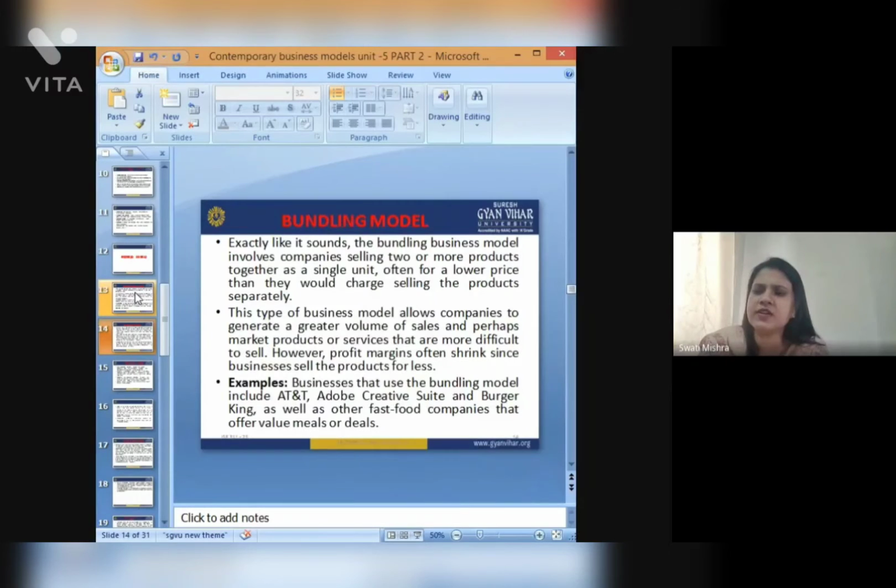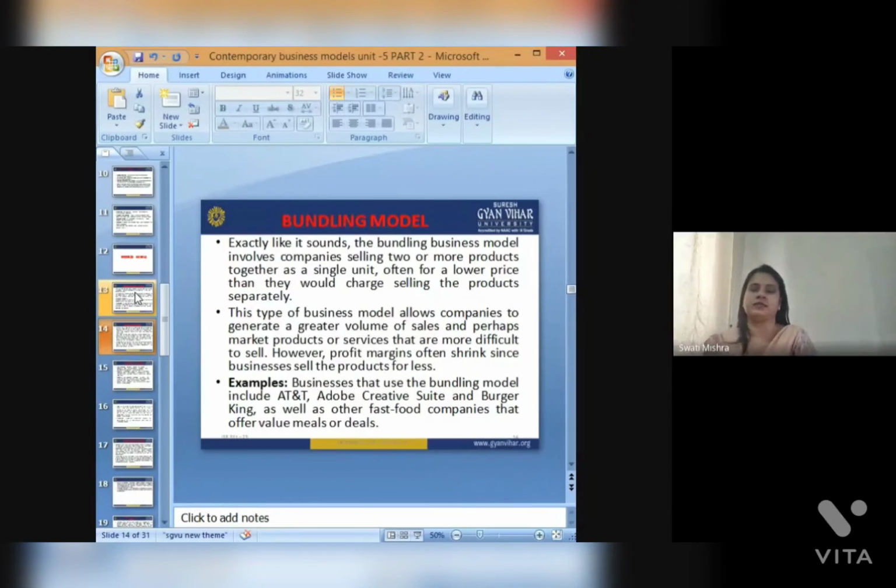Businesses that use such bundle models also include AT&T, Adobe's Creative Suite, who are selling software in bundle packages, Burger King, as well as some other fast food companies that offer value meals and different types of deals for the customers. If you buy a bunch of products together, you will be charged less than the actual price. So this is the bundling model. I hope I've made it clear to you.